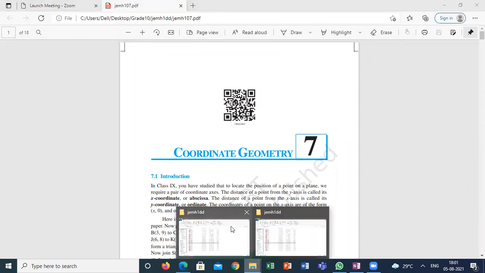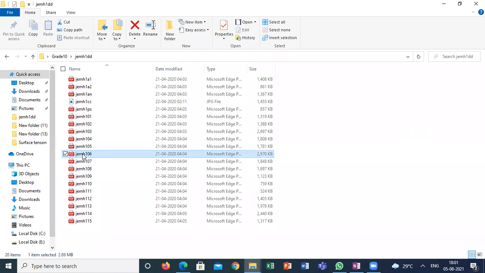Students, please. Statement of the basic proportionality theorem. What did we understand from there?